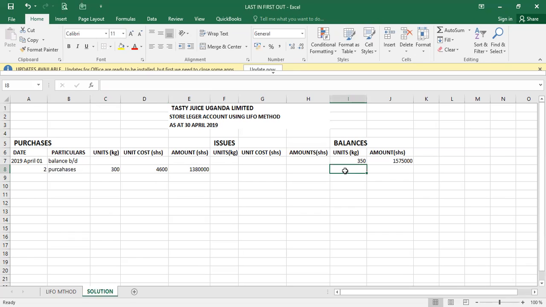So when they are increasing, we are debiting, meaning we are adding back to what we had. It will be this plus what we've purchased, and it will be 650. So we increase even this one plus this to give us that total. When we are done with that, we can go to the next transaction.